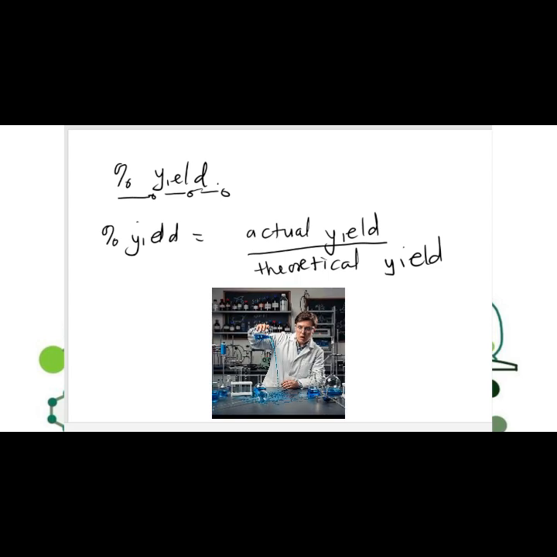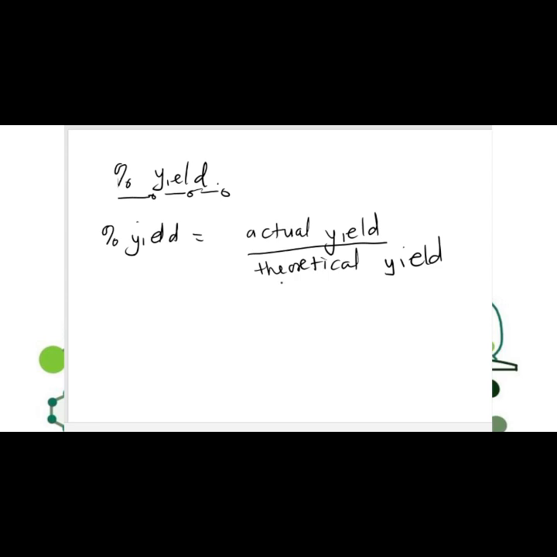It's due to maybe impurities, incomplete reactions, side reactions, loss of product during purification, and also measurement errors. So we highlighted it as actual yield over theoretical yield times 100% to put it as a percentage.